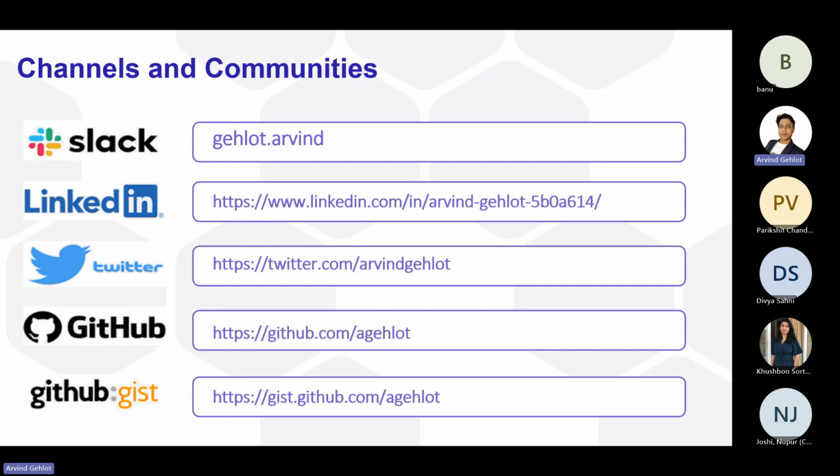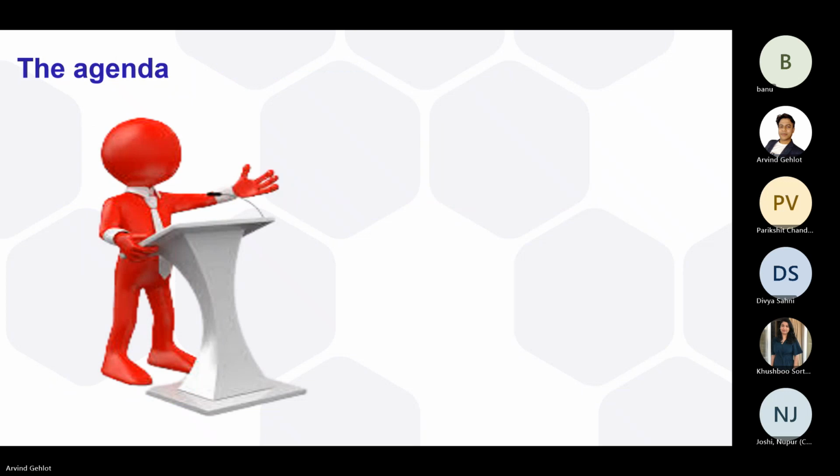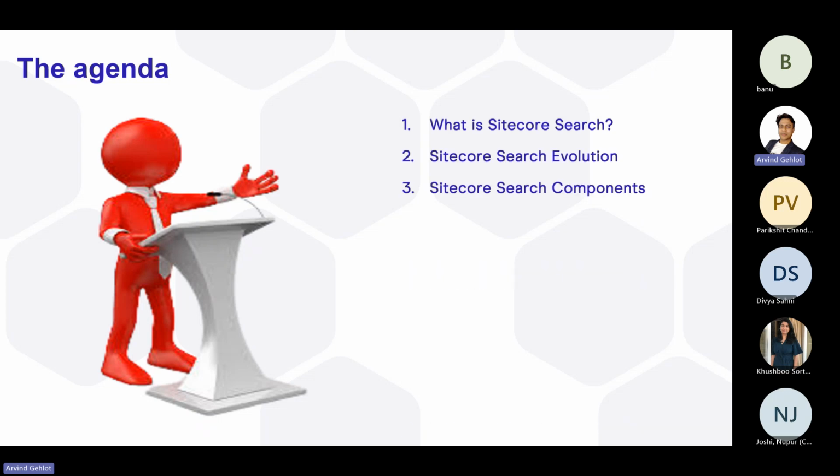Okay, let's start with the topic today quickly, and the agenda for the session and what we would like to cover. I'll start with a very quick review of our previous session, summarizing the topic like what is Sitecore Search, its evolution, core components, then some key terms and keywords that you should be familiar with, then some configuration steps.